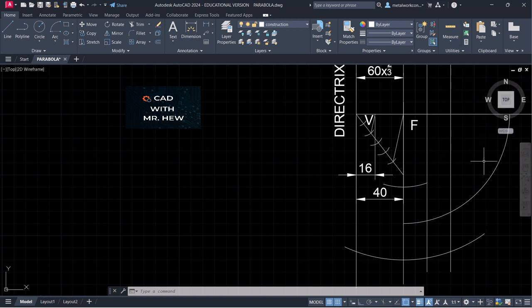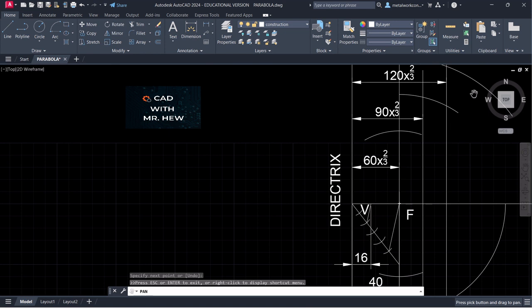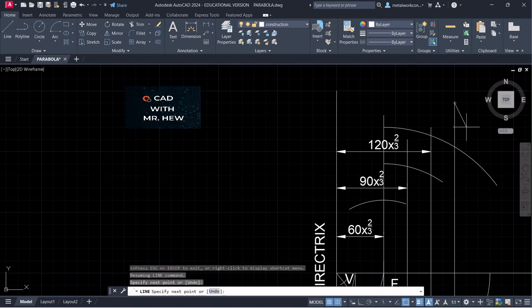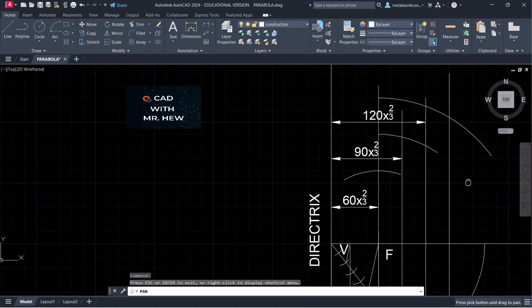So we need a line here, 100, that is parallel to the directrix, which is this line, right? So we go up, up, that's 100. And we need an arc, 150 from F. So F is here. Let us put in the information so you can follow.